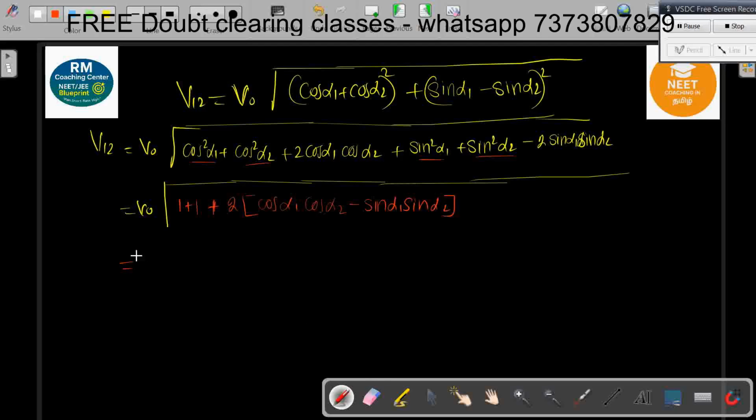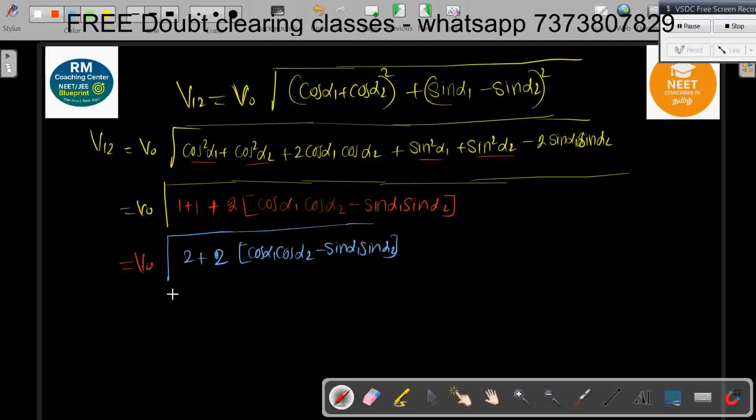Then finally, v naught is equal to the root of 2 plus 2 times cos A cos B minus sin A sin B. There is a formula for cos A cos B minus sin A sin B. Let's further simplify.